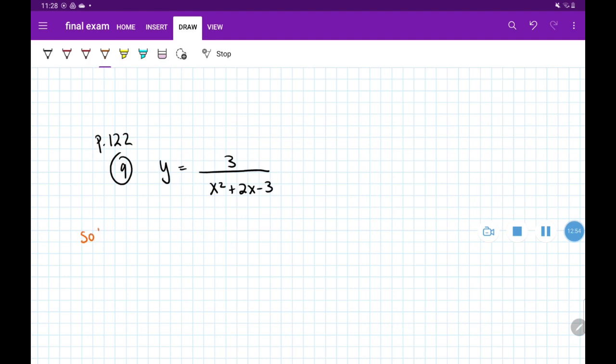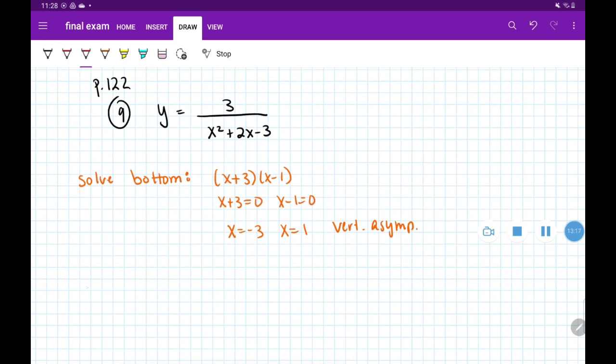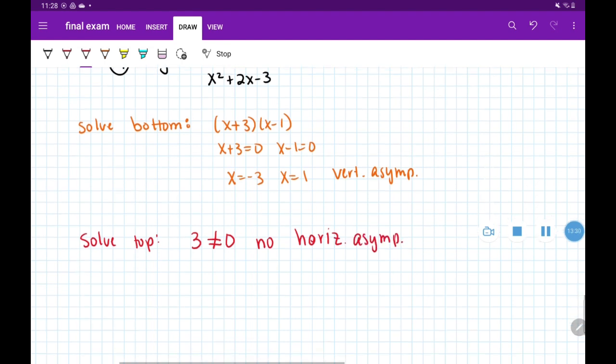So remember, you start with solving the bottom. So you need to factor it. And we have 2 vertical asymptotes. So those will be dashed line. And then we'll solve the top. And that will tell us that there are no horizontal asymptotes, and that's because there's no x up there.